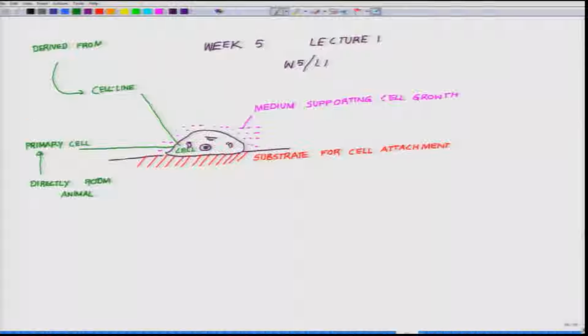Derived from animal, and here by animal I even mean human being too. They are almost like generations after generations you are growing them, unlimited, or you cannot call it unlimited. Cell cycle.